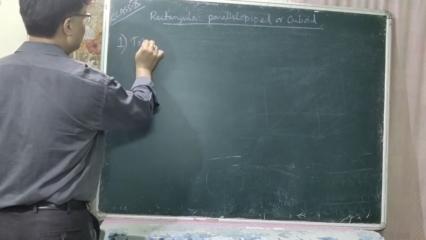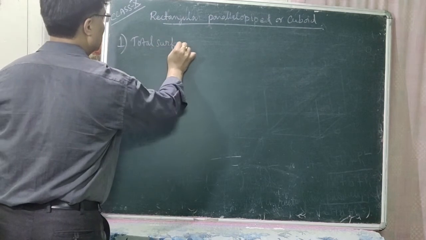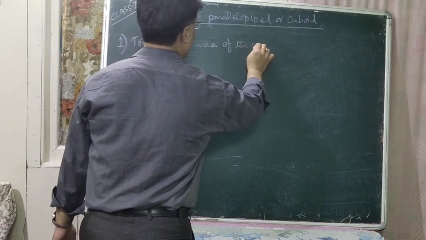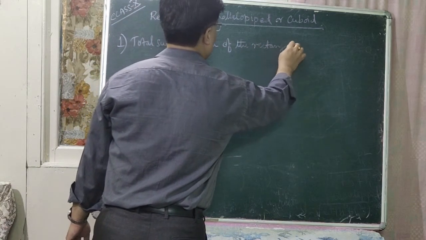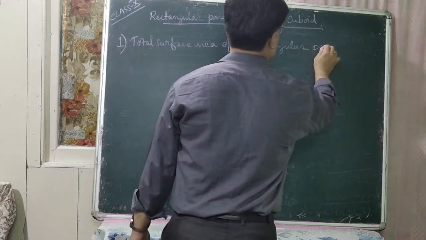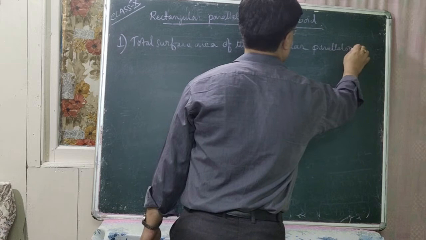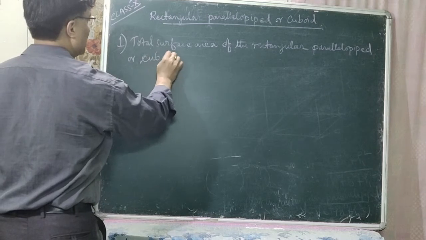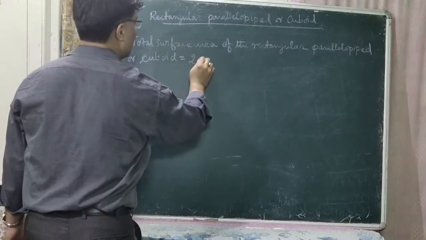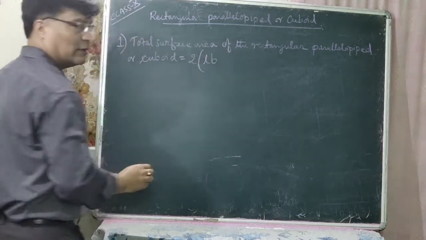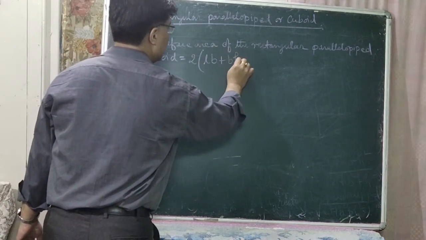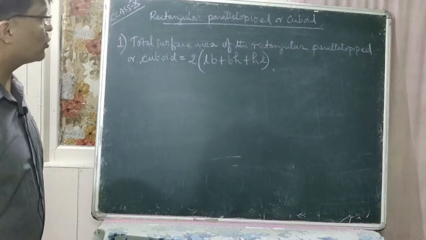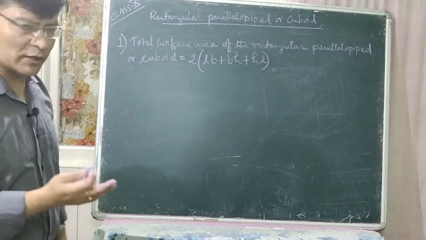Total surface area of the rectangular parallelepiped or cuboid is equal to, what is the formula? 2 into LB, that is length into breadth, plus BH, breadth into height, plus height into length. So this is the formula for total surface area of the rectangular parallelepiped or cuboid, okay?